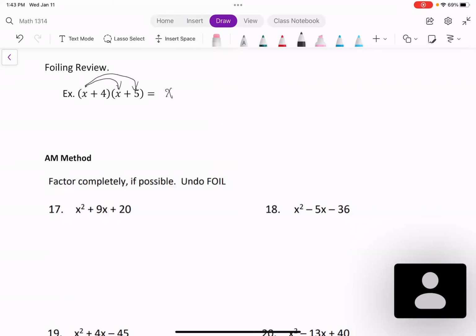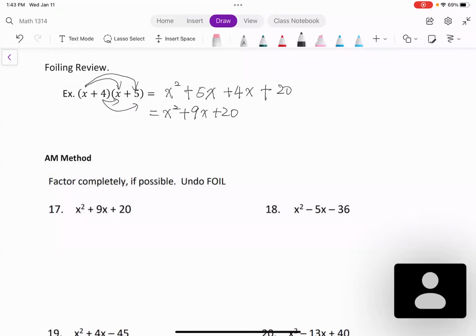We have x times x is x squared. X times 5 is positive 5x. Then plus 4 times x, and plus 4 times 5. 4 times x is 4x. And then 4 times 5 is 20. We have x squared plus 9x plus 20.